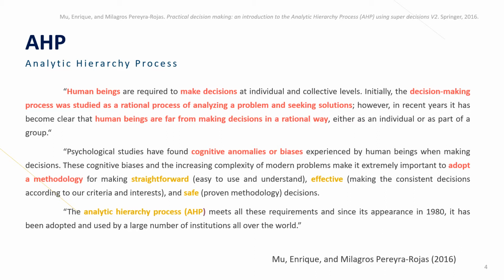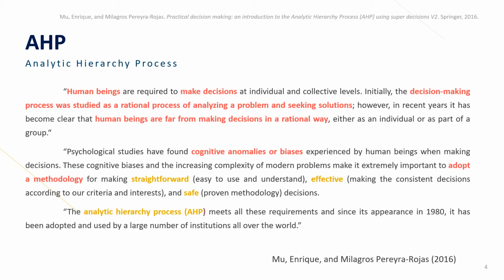These words were based on the book that we will also use as the main reference for the discussion in this slide, which is written by Professor Enrique Mu and Milagros Pereira Rojas. The book is entitled Practical Decision Making: An Introduction to AHP Using Super Decisions.